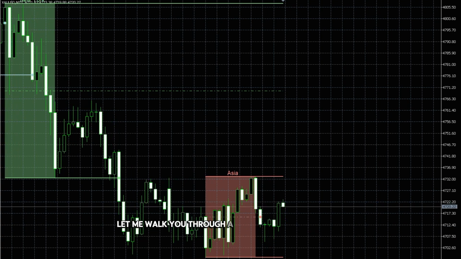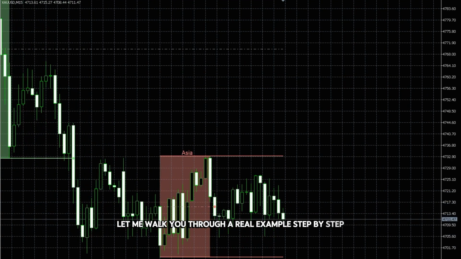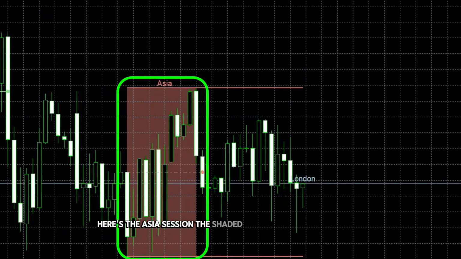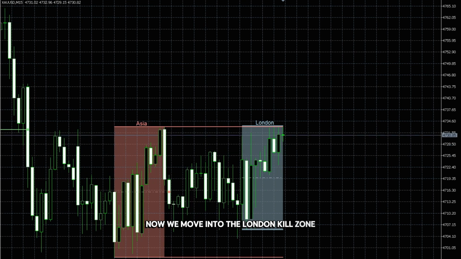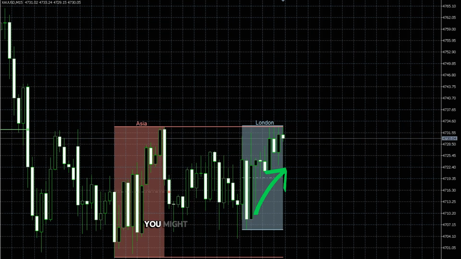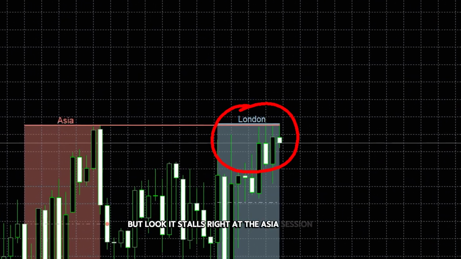Let me walk you through a real example, step by step. Here's the Asia session. The shaded window is the Asia kill zone, and at its close, you can see 2 pivot lines, the Asia high up here and the Asia low down here. Now, we move into the London kill zone. Price initially pushes up. You might be tempted to buy right there. But look, it stalls right at the Asia session high.